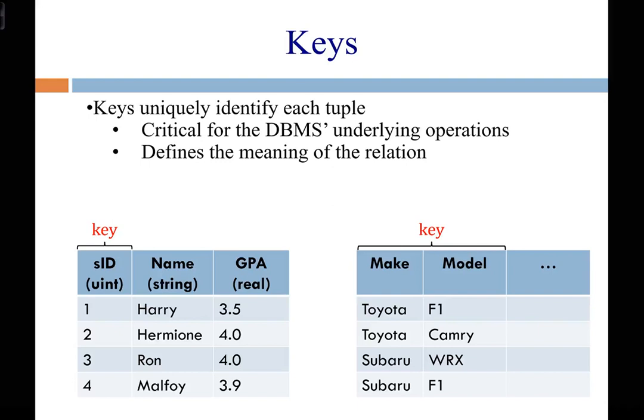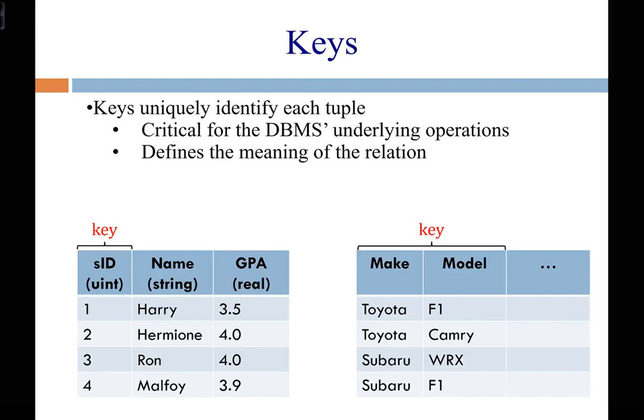So this is the idea of keys. Every relation has to have at least one key, and a key is what uniquely identifies the tuples. In the students table, I had to actually add a column in order to make a key.